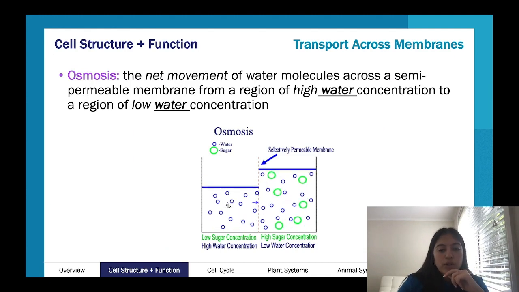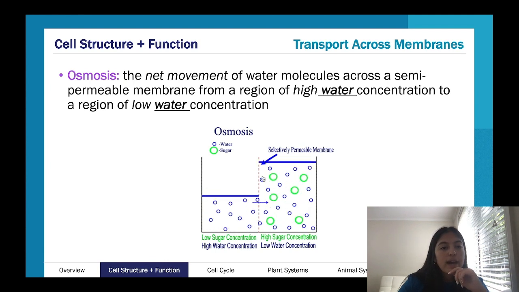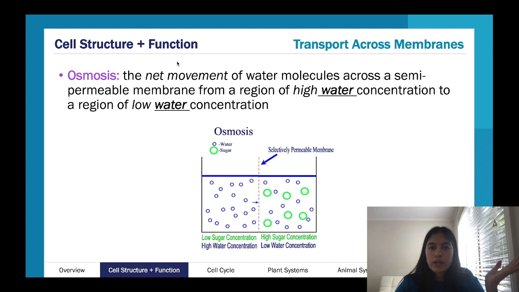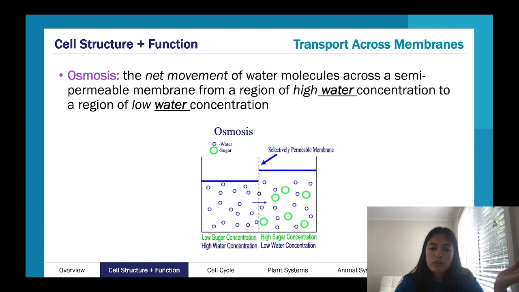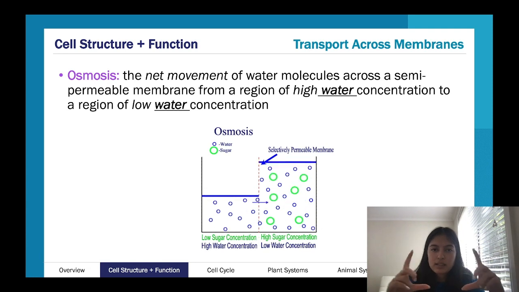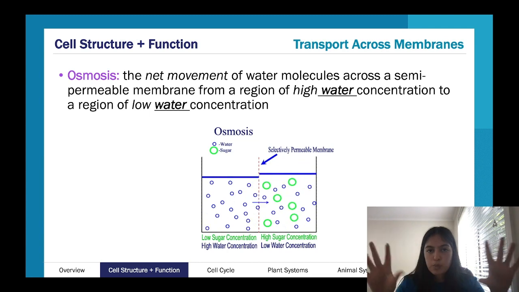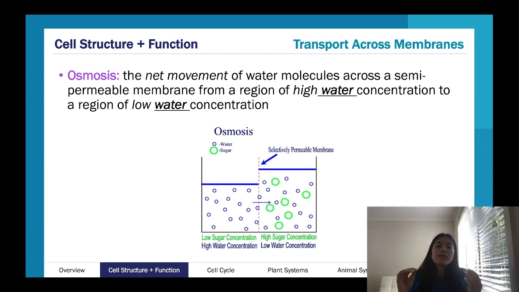Okay, in terms of osmosis, this is a very specific definition you have to be aware of. So net movement. You would have seen the word net in the other definitions as well. If you remember that little animated GIF we looked at with the red molecules dispersing through the black square, the molecules never stop moving.